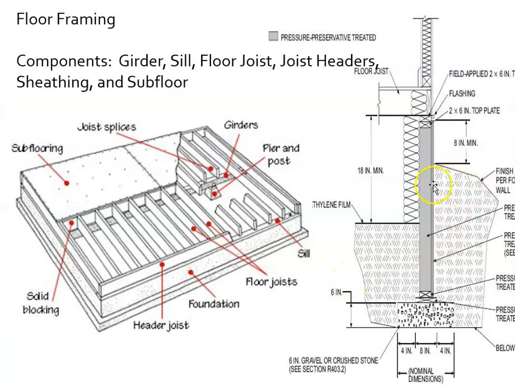Okay, so let's look at the parts that make up a floor. I have numerous illustrations that we'll look at. Some are three-dimensional, some are more like artist renderings, and some are actual construction documents. So here is our floor.